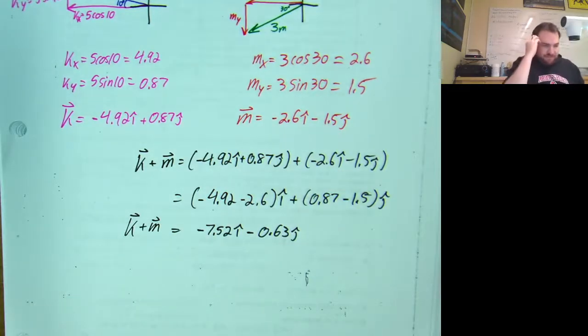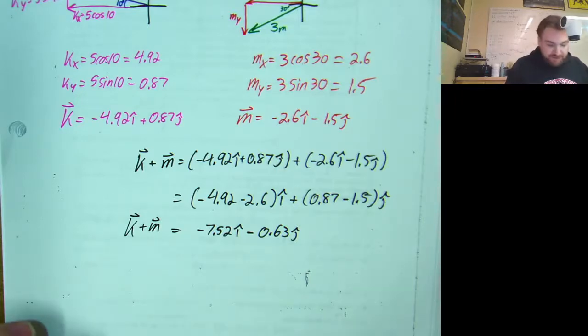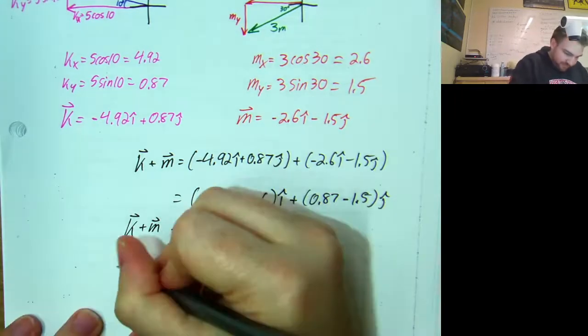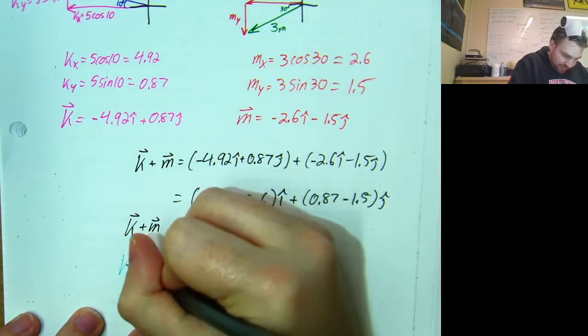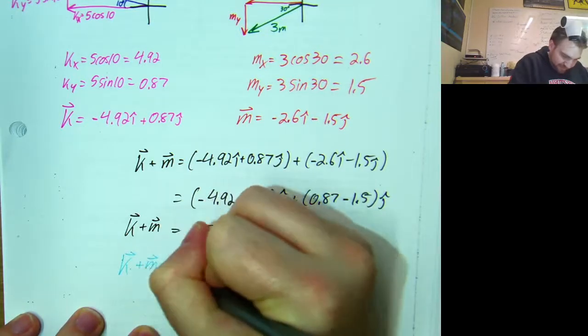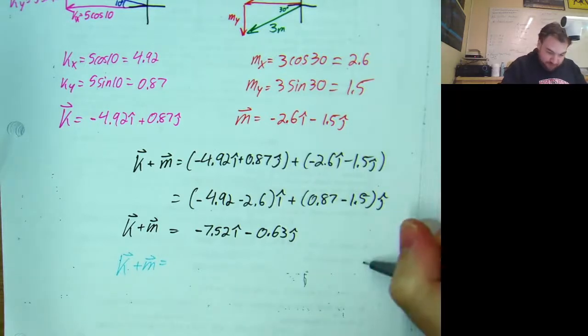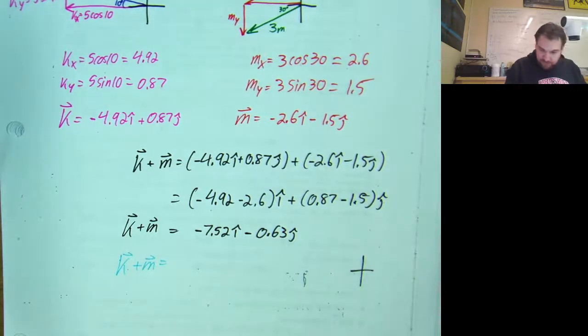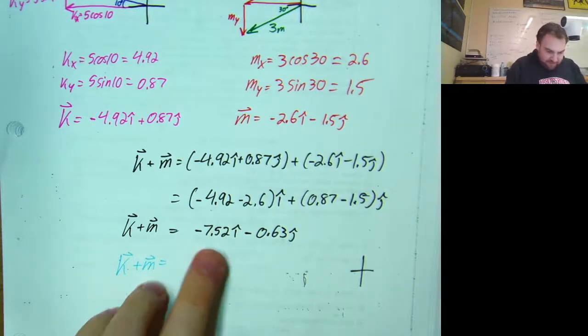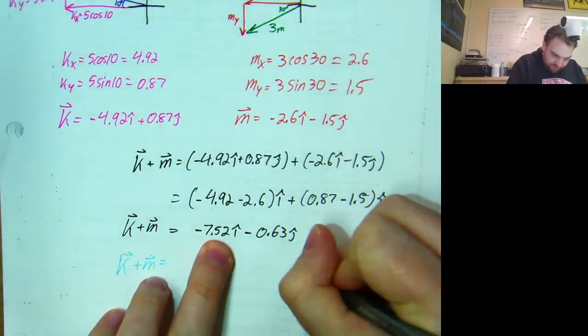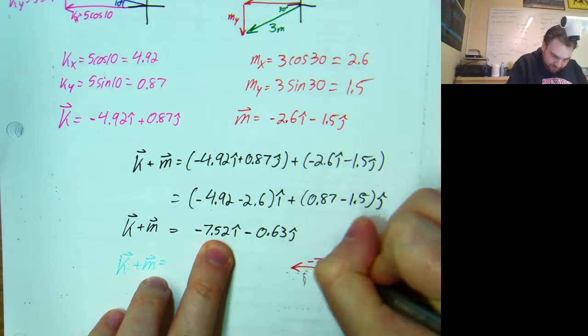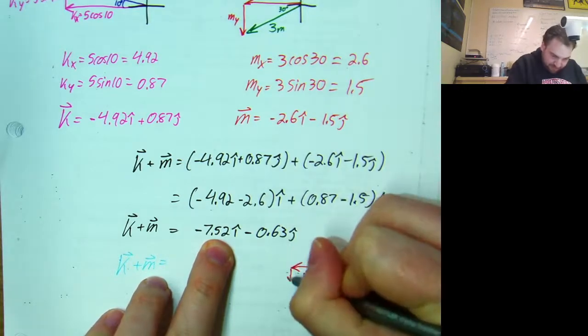in rectangular. So now we want to convert that thing back into polar coordinates. So K plus M is going to equal, let's draw it out just so we have a handle on what's going on here. Negative 7.52 is this way. Negative 7.52 minus 0.63.